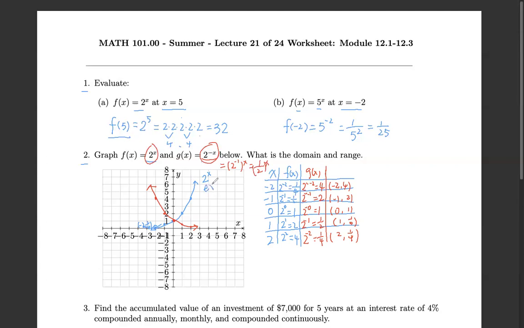So we call this one exponential growth. It's a positive relationship between x and the function value. But the red one we call decay. Exponential decay.